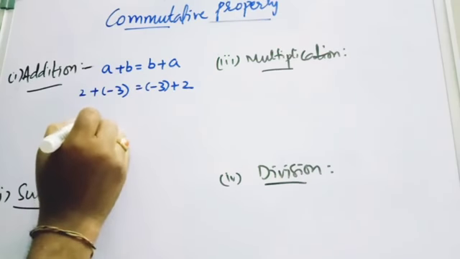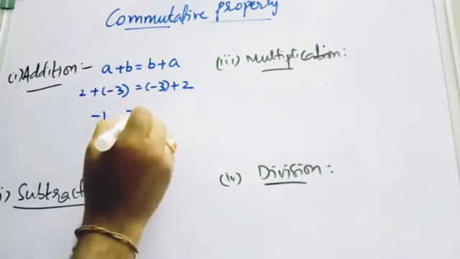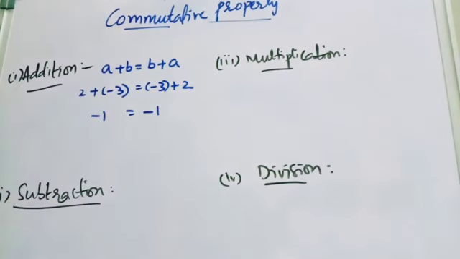So 2 minus 3 gives negative 1, and minus 3 plus 2 also gives negative 1. From this example we can say that the commutative property is followed for addition.